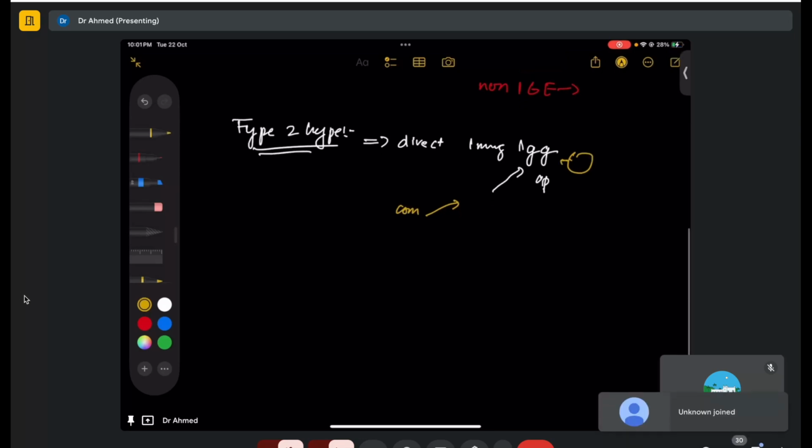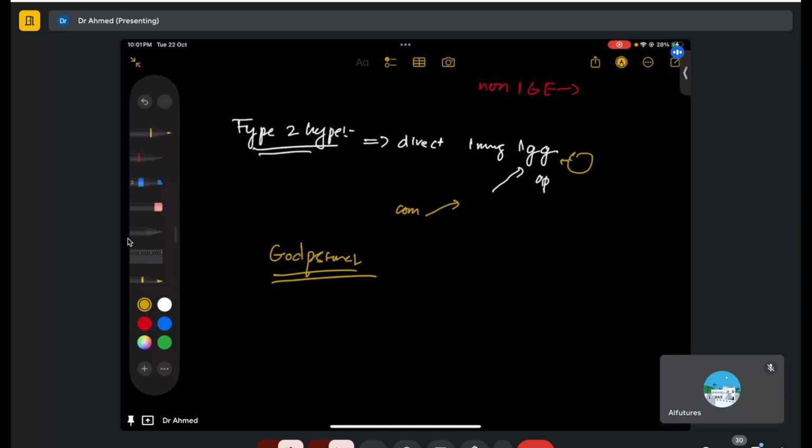For example, if you remember a disease, Goodpasture syndrome, what happens in Goodpasture syndrome? Antibodies against type 4 collagen. Yes, type 4 collagen. It means that this antibody is tagging your type 4 collagen for your complement system to come and destroy it.